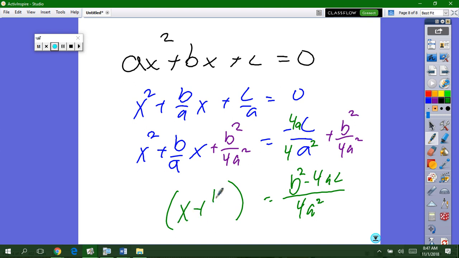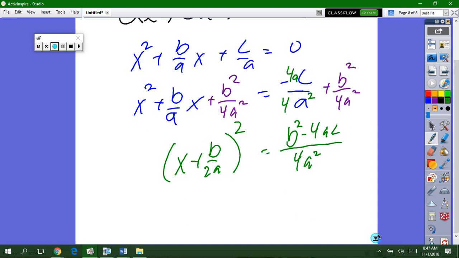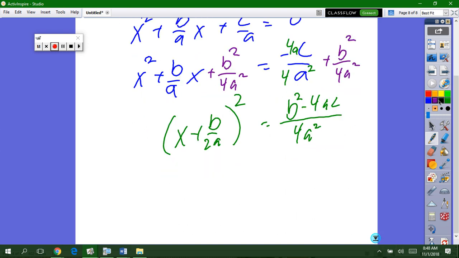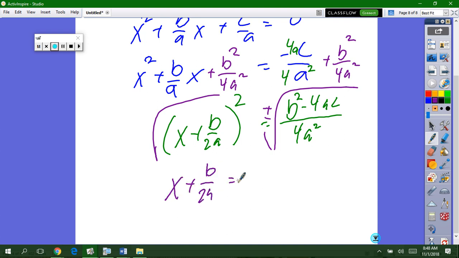That's x plus b over 2a squared. How do I get rid of the squared? Square root. When I take a square root, I need to do plus or minus. So I am here at x plus b over 2a equals plus or minus square root of b squared minus 4ac.